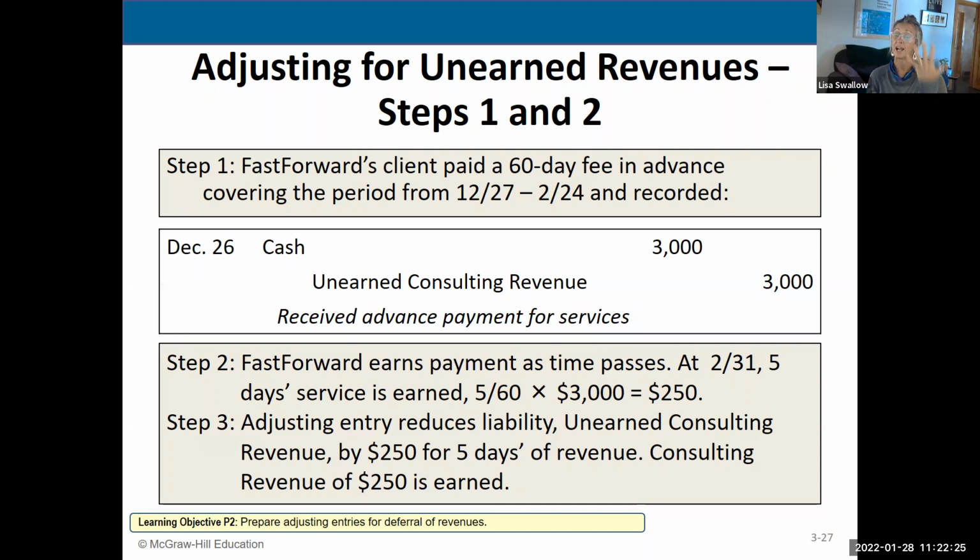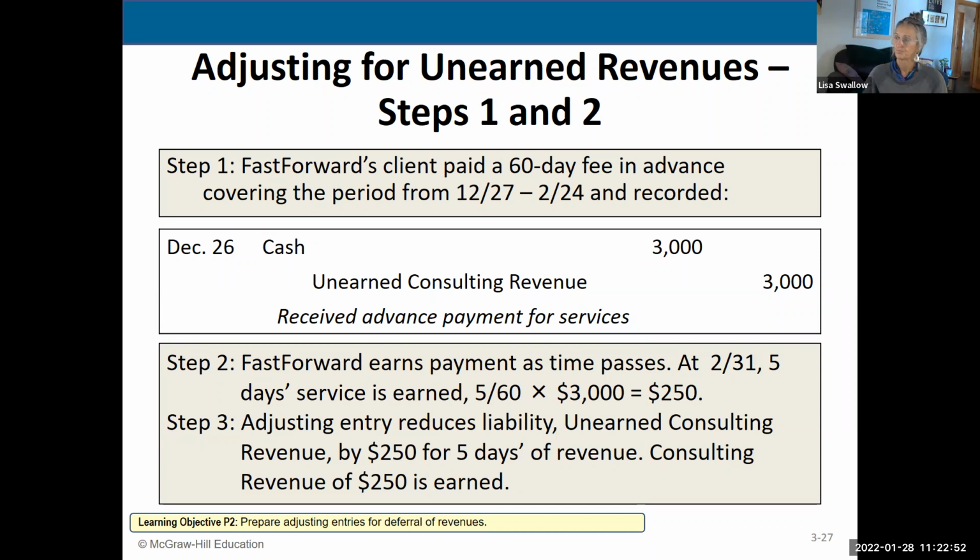They've earned 5 days of the 60 days in the month of December. So when they got the cash, they book debit cash, credit unearned consulting revenue. Remember, what kind of account is unearned? It's a liability. You owe somebody these consulting services.